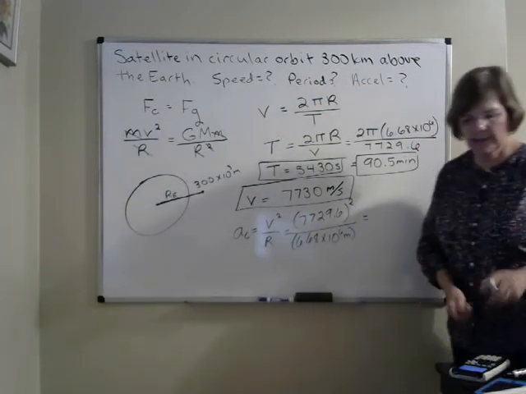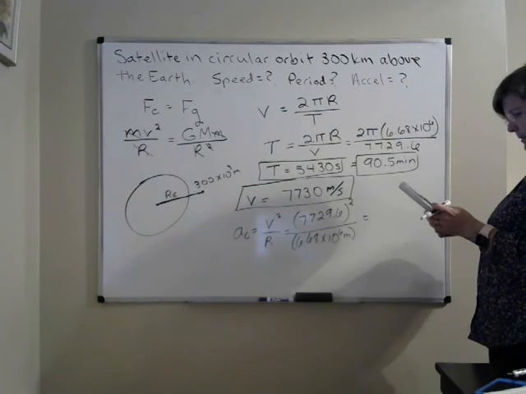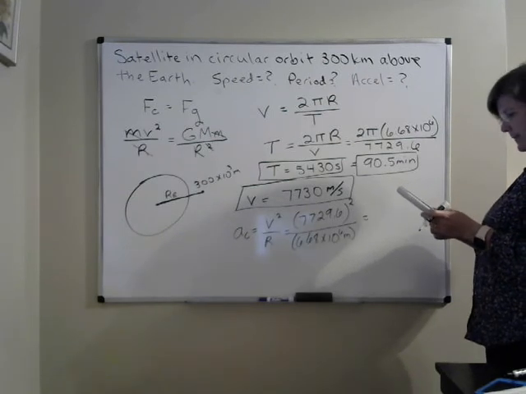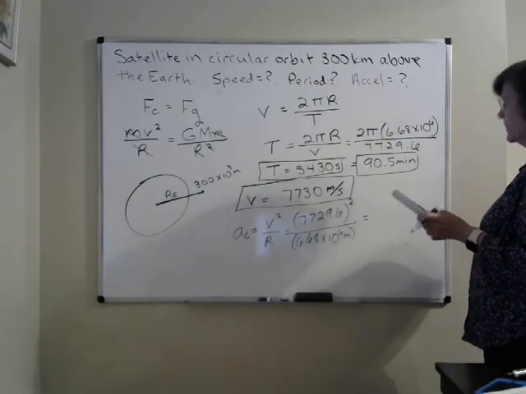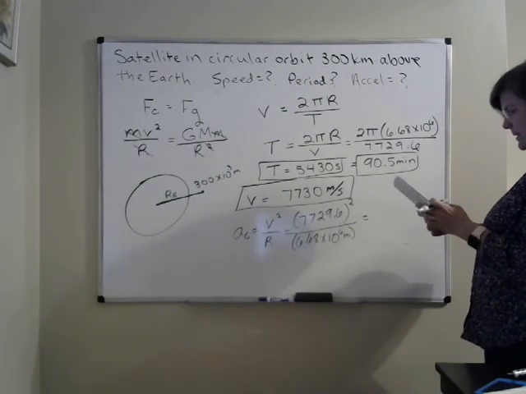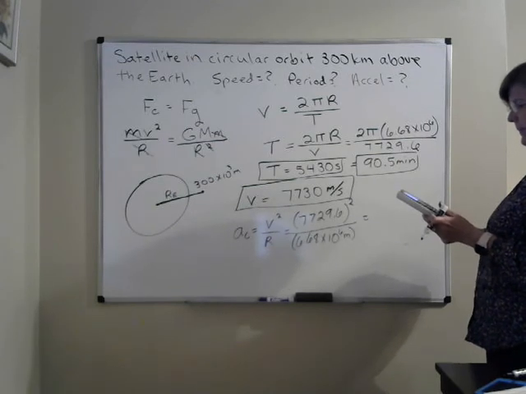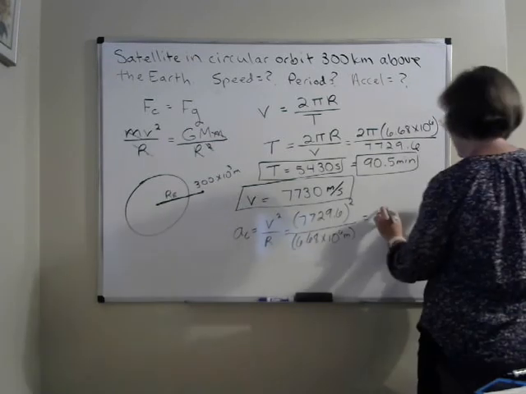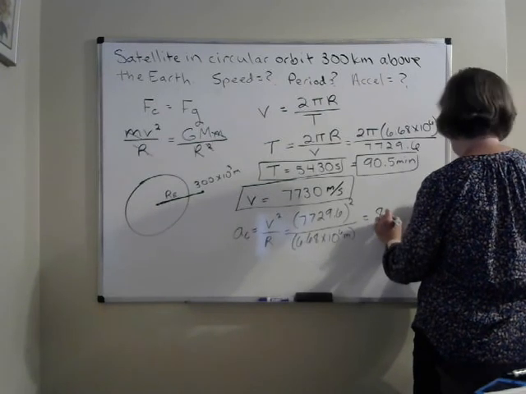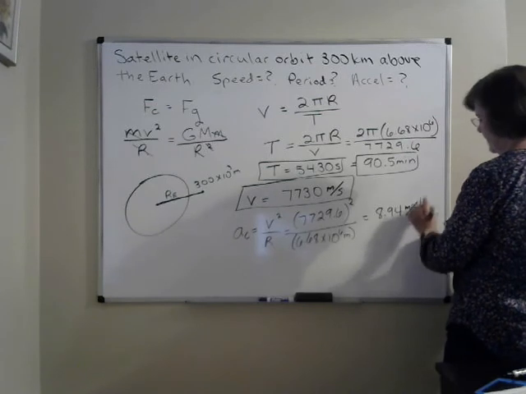Let's see what happens if we do v squared over r. 8.94 meters per second squared.